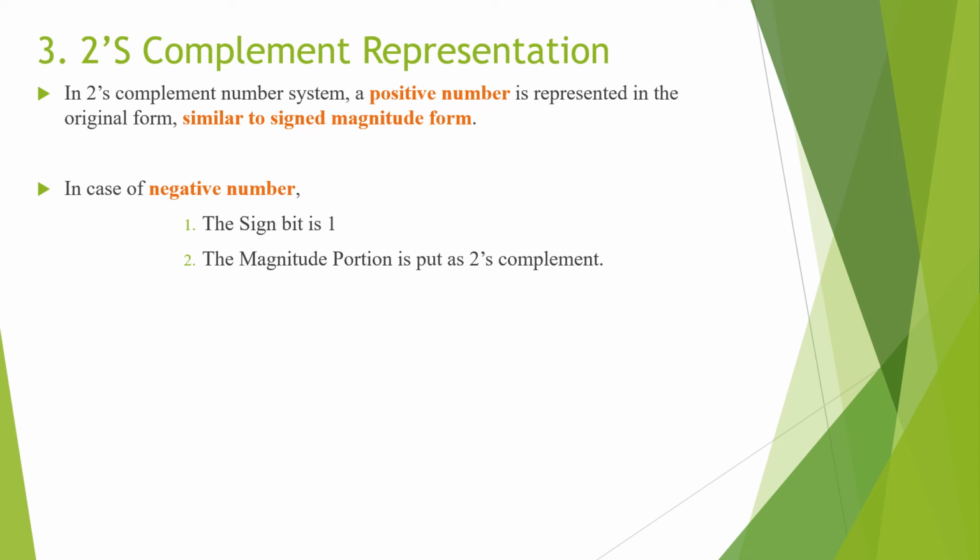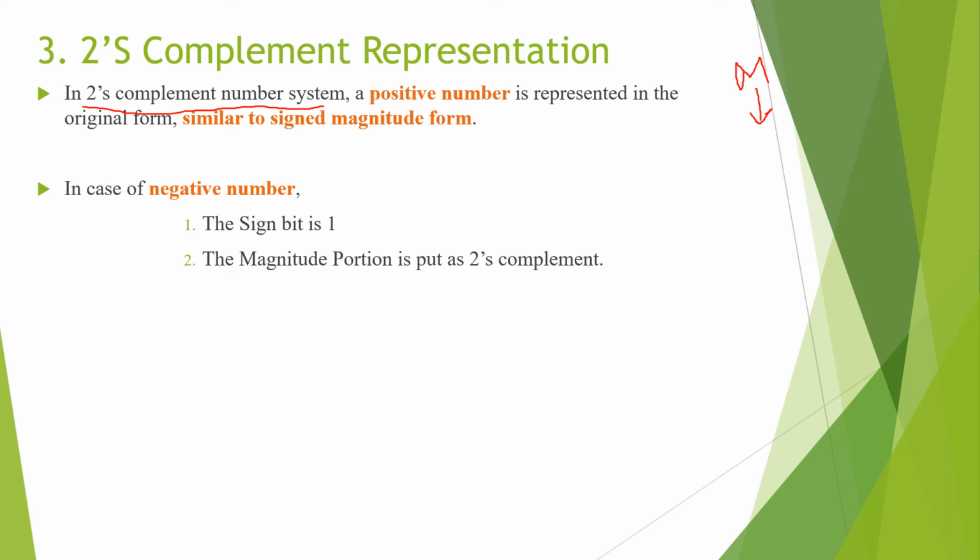Next we'll move to 2's complement representation. The same method we followed in 1's complement will be followed, with only one change. For the magnitude part we have to take the 2's complement, whereas in the previous method we took the 1's complement.